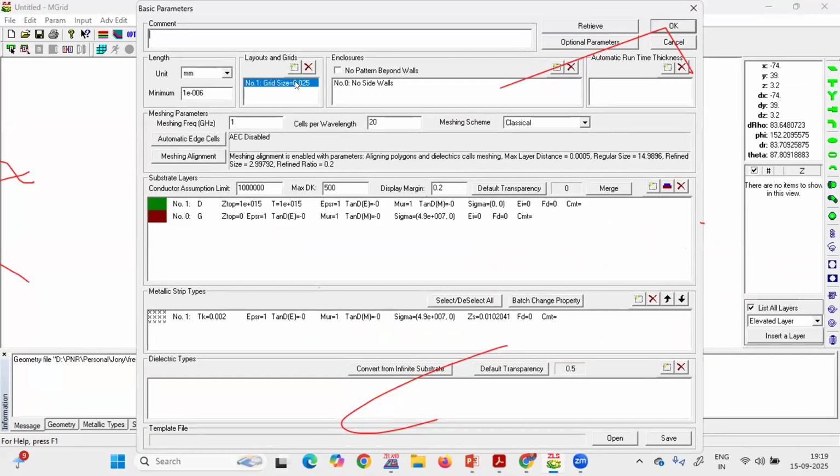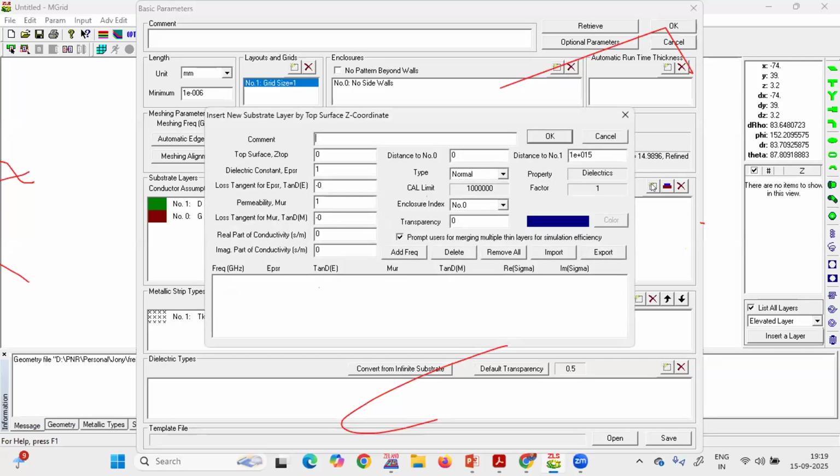Let me design a small antenna, and I will show you how the frequency is changed. I'm using a small tool. This is the substrate height, thickness.